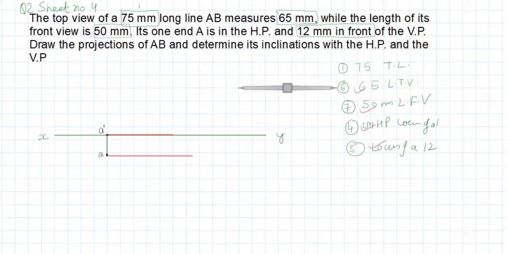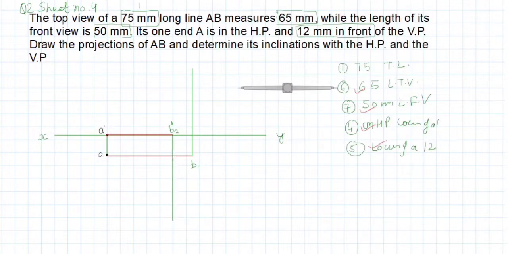This point will represent B1, and this will represent B2 dash. Following that figure from the first general discussion question, we project this point B1 above the XY line to get B1 dash, that is the true length of the line. Similarly we project B2 dash below the XY line to get the true length.